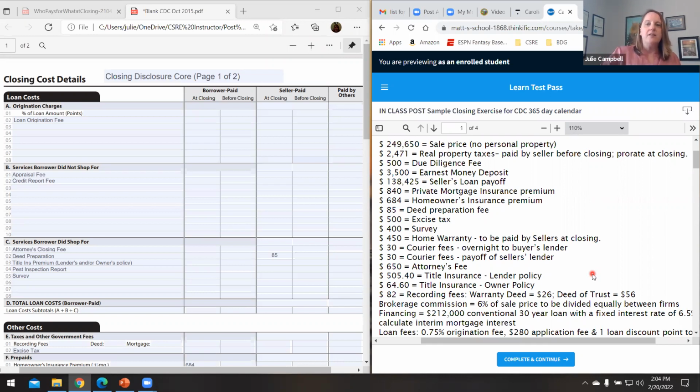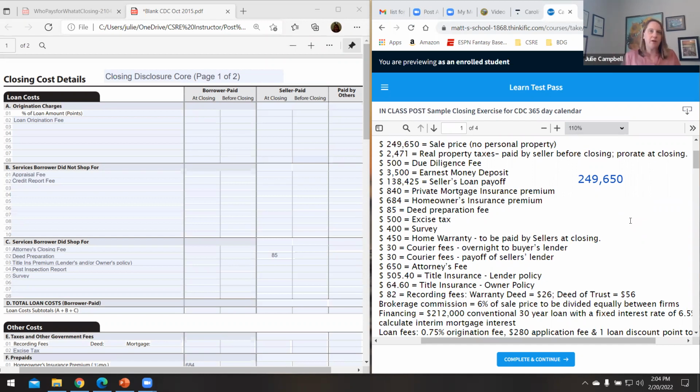Excise tax is calculated off of the purchase price. And the thing with excise tax, purchase price is $249,650. The thing with excise tax is you're never going to have change. Excise tax will always be a whole number.